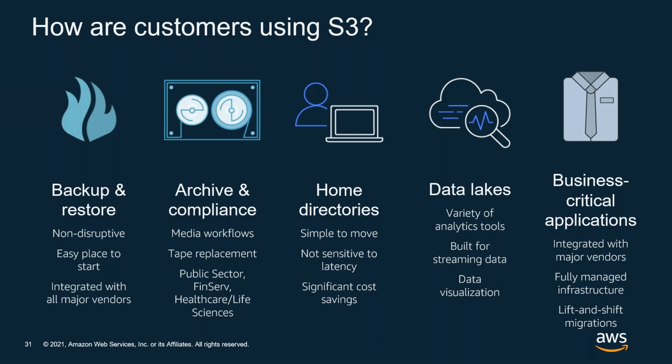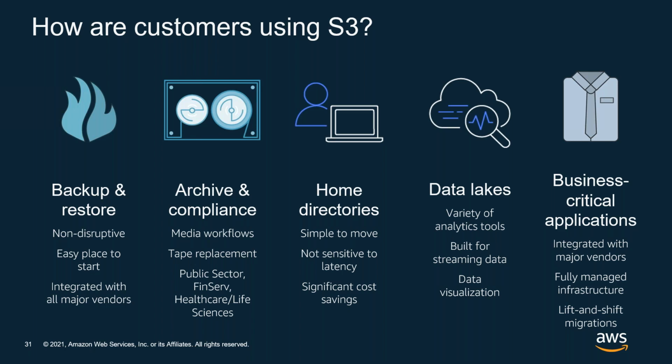We also talked about things like home directories. Not so much with S3 compared to some of our more popular file offerings like EFS or FSx for Windows. But for customers who want to use this, that's where something like a file gateway with S3 would be helpful.